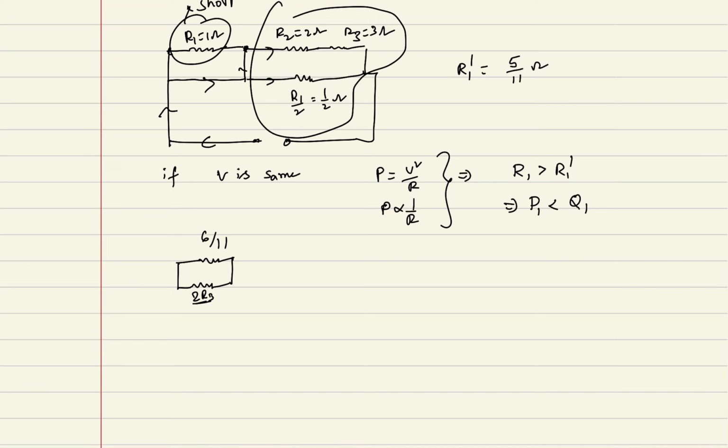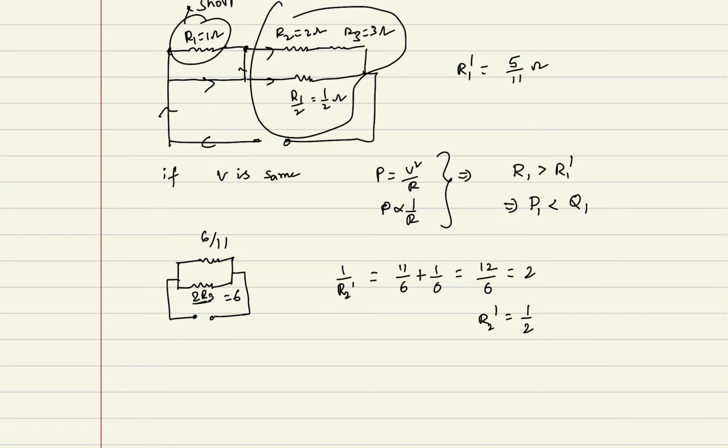What is 2R3? 2 into R3. 2R3 value is 6 ohm. The whole thing is connected to the source now. Now you can write 1 by R2 dash is equal to 11 by 6 plus 1 by 6. You can write 12 by 6. That value is 2. So R2 dash value is 1 by 2.